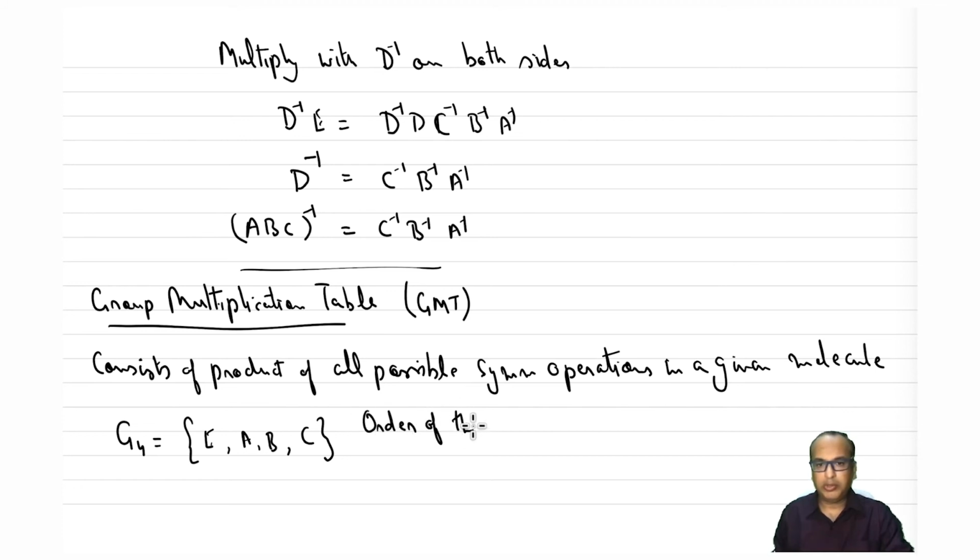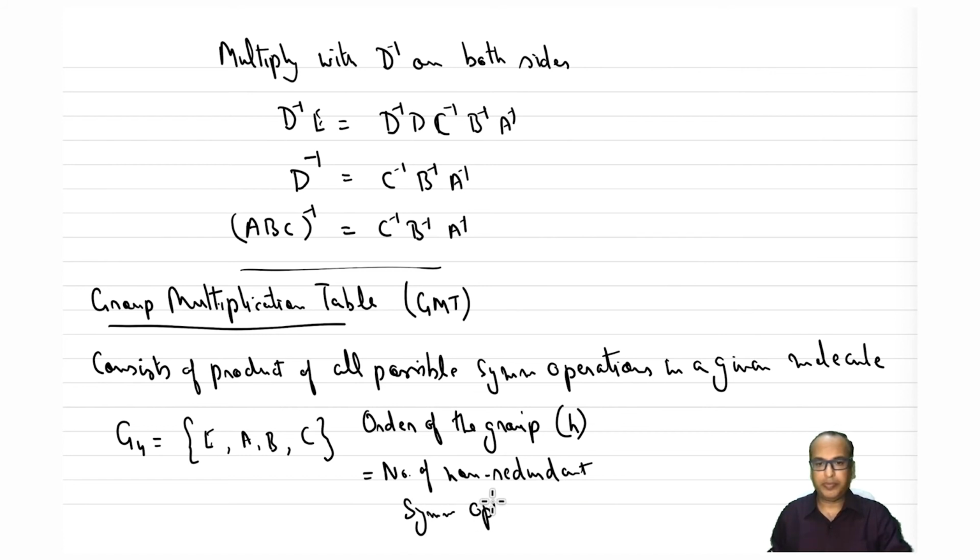Order of the group is denoted by small letter h, and is equal to the number of non-redundant symmetry operations in a particular group. That will be called the order of the group.